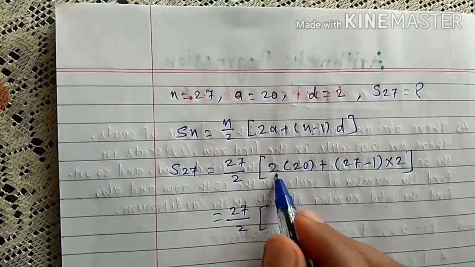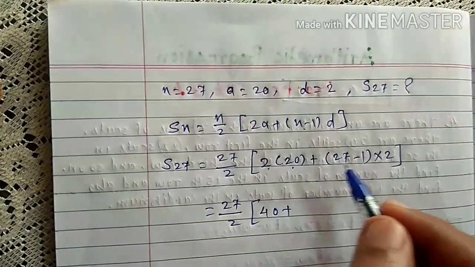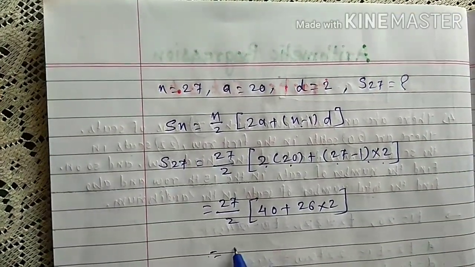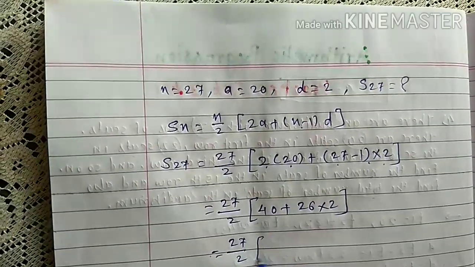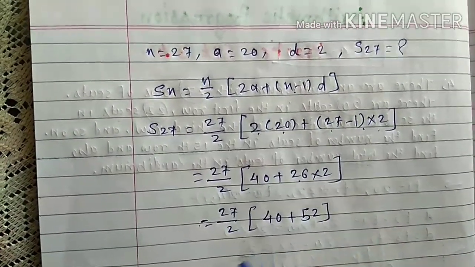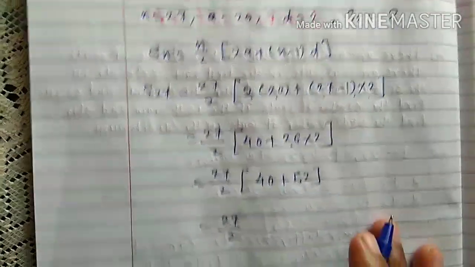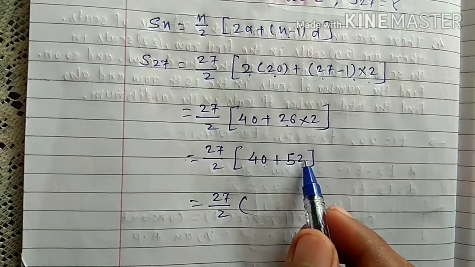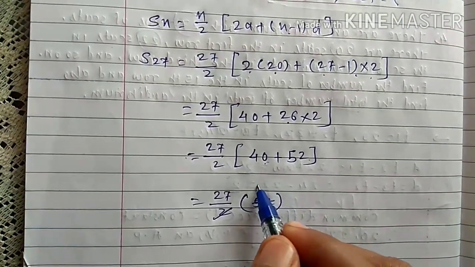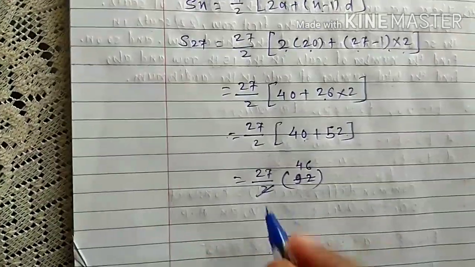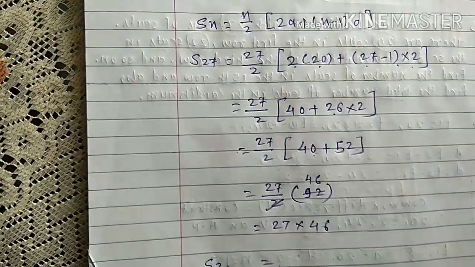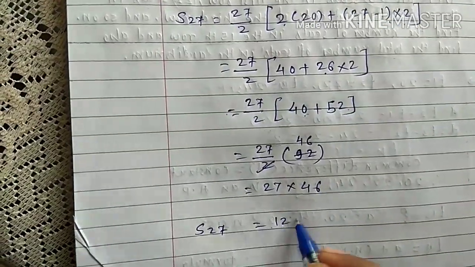27 upon 2. 2 into 20 is 40. 27 minus 1 is 26, into 2 is 52. 27 upon 2 into 40 plus 52, which is 92. So 27 into 46 is equal to 1242.